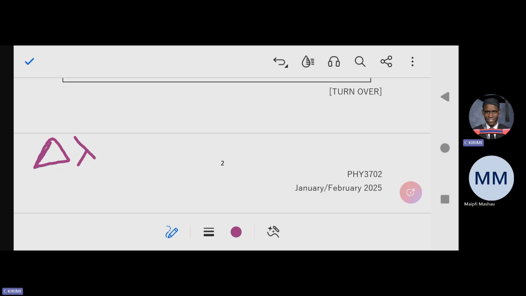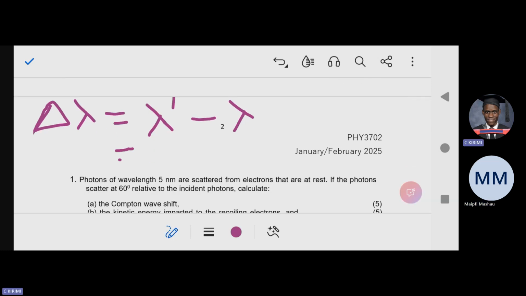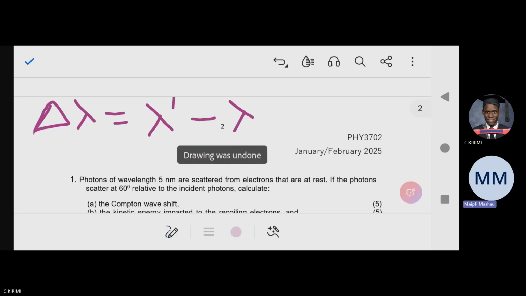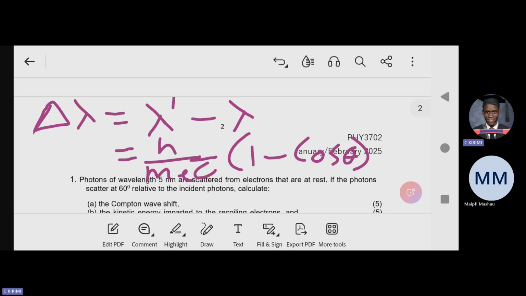Change in wavelength equals lambda prime minus lambda, equals h over m c times 1 minus cos theta. That is the equation that we are given.